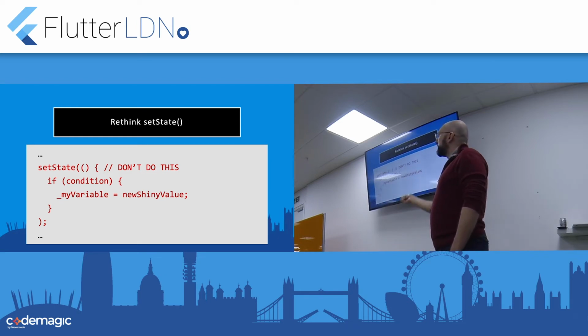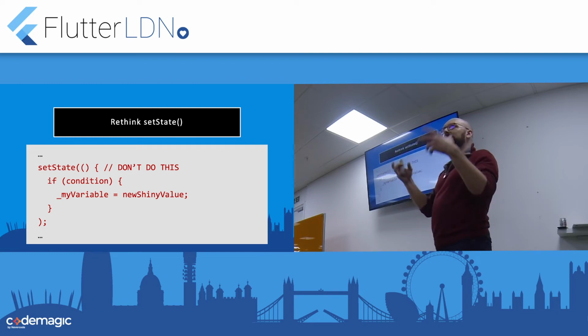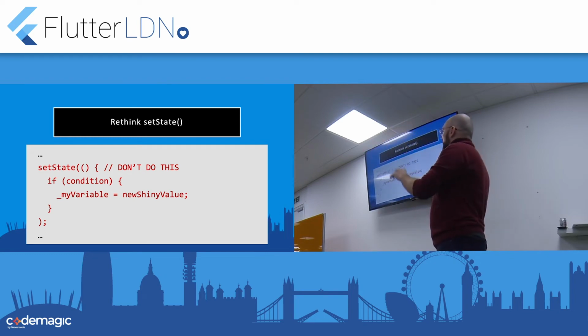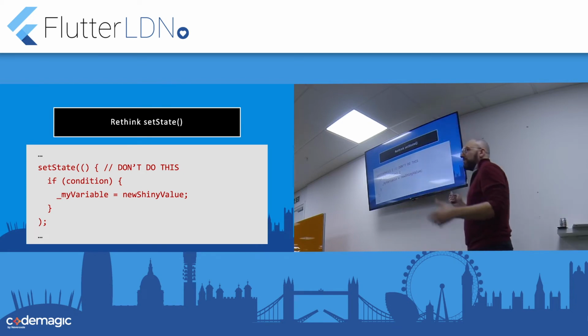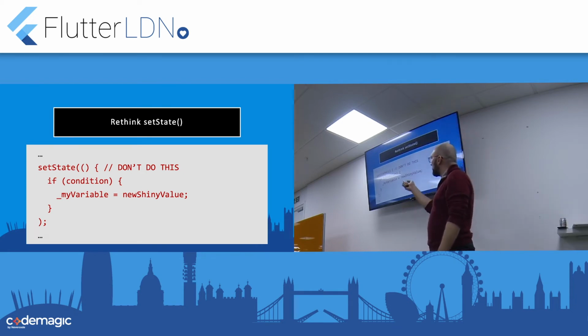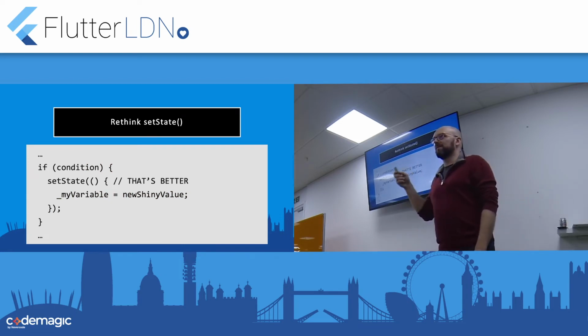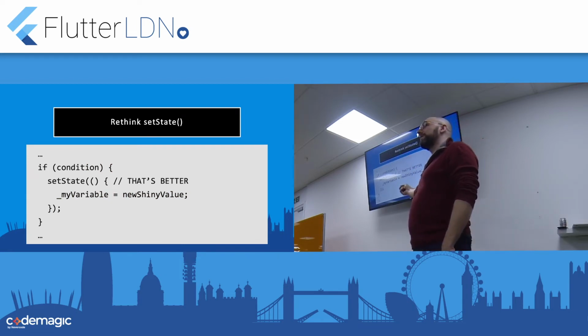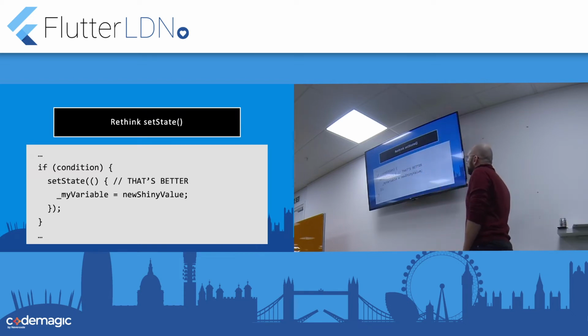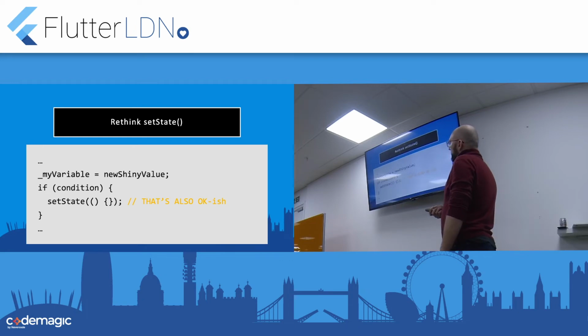So instead of, for example, checking inside set state if some condition changed, say something dropped to 0, then I need to rebuild my widget, do it like this: if a condition changed, and I really need to rebuild the widget because I know something has changed, then set state. That's also okay because it's essentially the same.